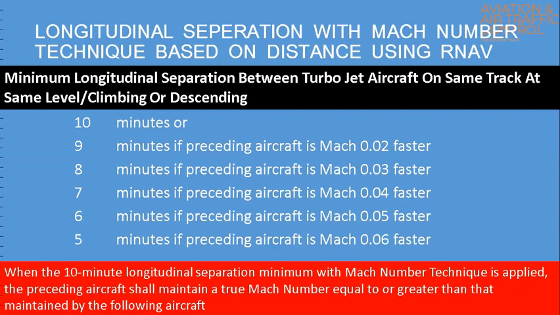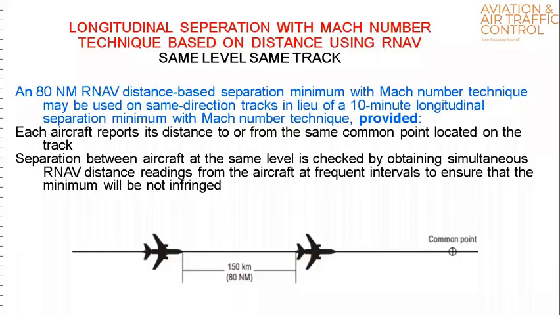If it is 8-minute separation between two aircraft, then we have to make sure that our preceding aircraft is 0.03 Mach number faster than the succeeding one. Likewise, if we have only 5 minutes between preceding and succeeding aircraft, we have to make sure that our preceding aircraft is 0.06 faster than the succeeding aircraft.